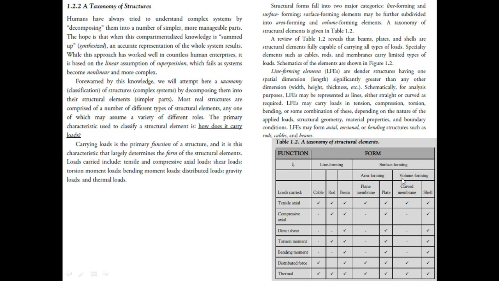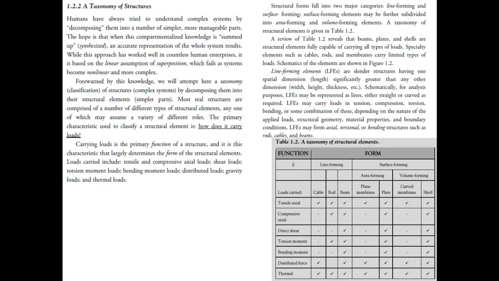If you look at this taxonomy of structural elements, you have line forming elements and surface forming elements. I already told you line forming elements will be the cables and the rods. You have already done axial scenarios in your second year, and beams a little bit as well, and now we'll be discussing them a lot in the third year SM2.